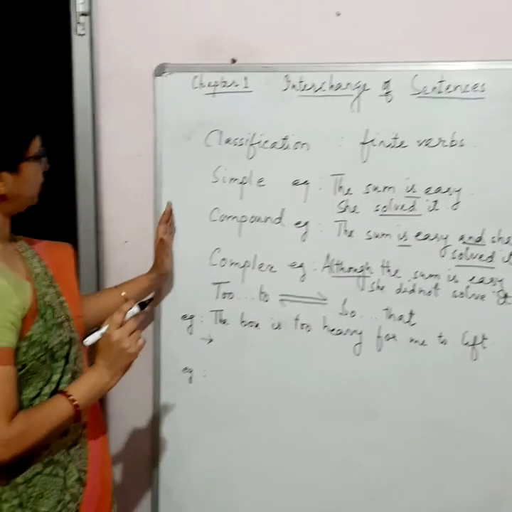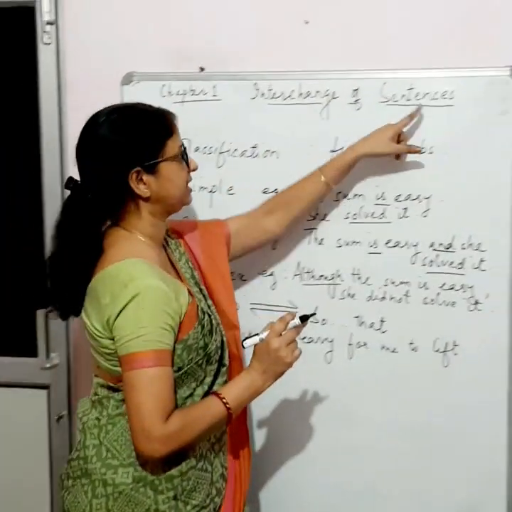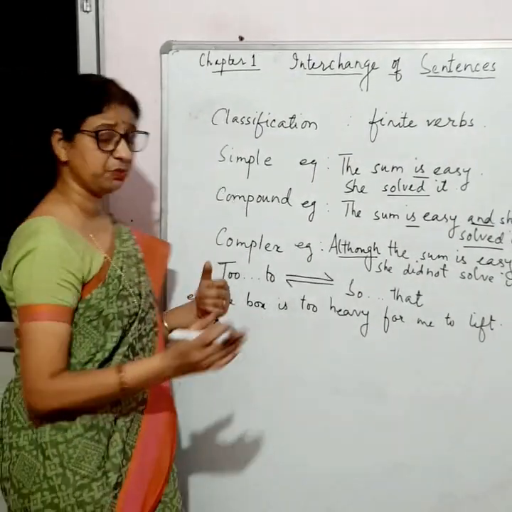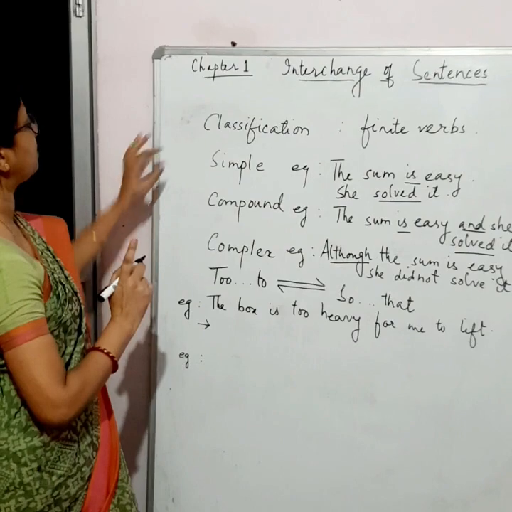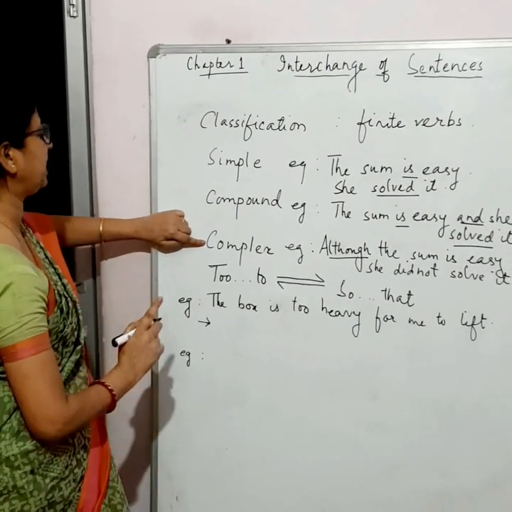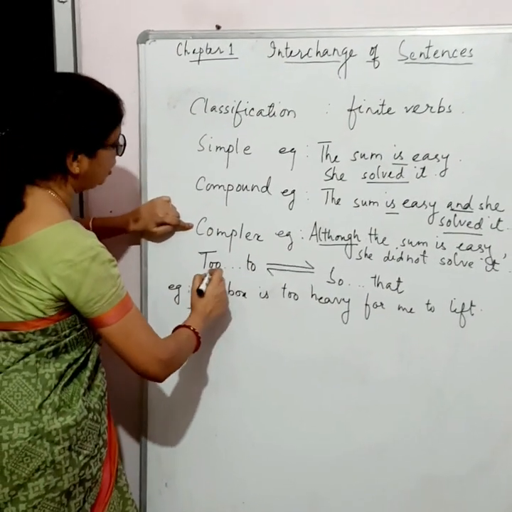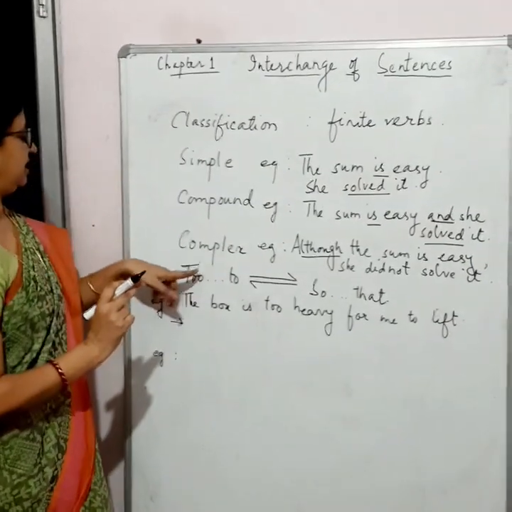So based on this, we shall try to find out how we are interchanging one type to the other. As you go on with your book, you find many examples. Here we are giving one example of change from a simple sentence to a complex sentence. Simple to complex by using to and so that. These are conjunctions.